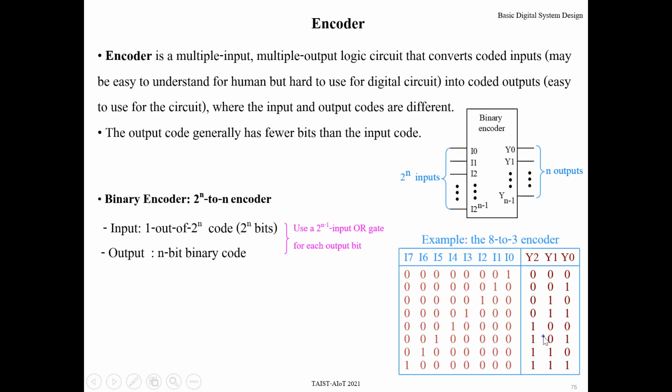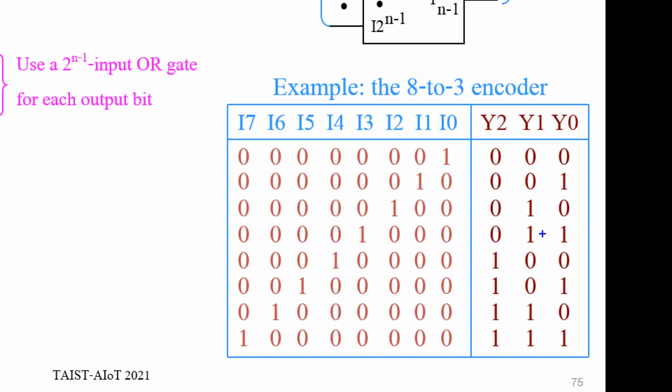Namely, if I0 becomes active, your output is 000. If I1 is active, your output becomes 001. If I2 is active, output will be 010. If I3 is active, output will be 011, and so on.